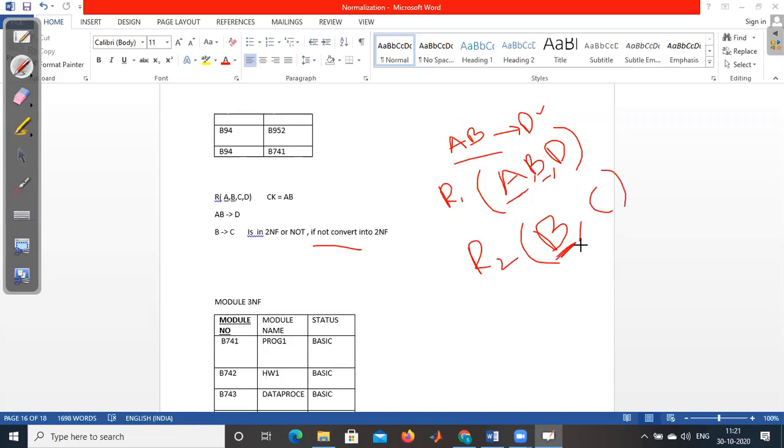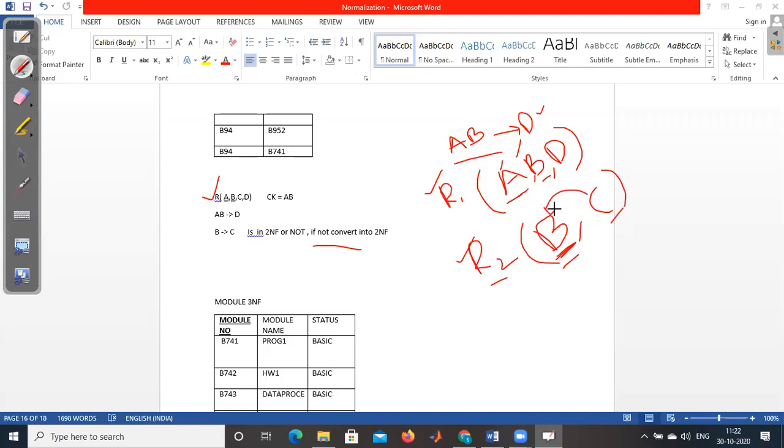B is a prime attribute, so if you know B, we can get C. So the relation R is decomposed into two relations, R1 and R2. The key attributes in R1 are AB, and D is fully dependent on AB. For R2, the key attribute is B, so C is dependent on B.